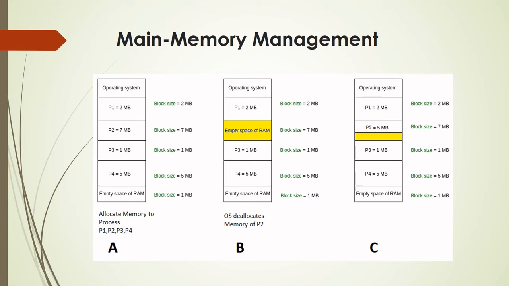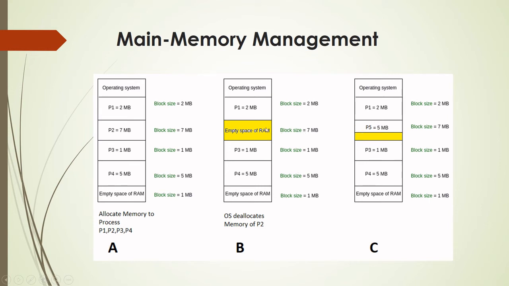Second, to keep track of which process is in which part of the memory, and to see that when the memory space is available, as in this example P5, it will be loaded in which of the empty spaces.